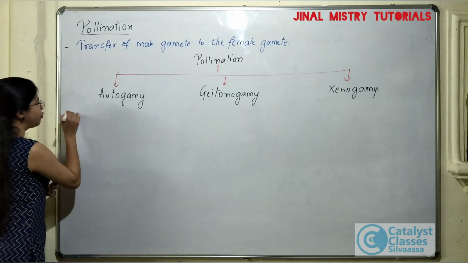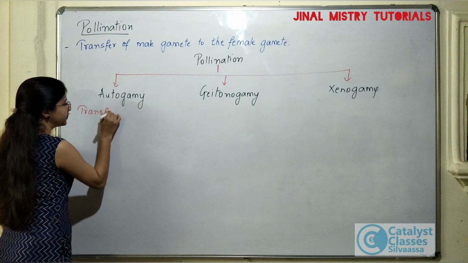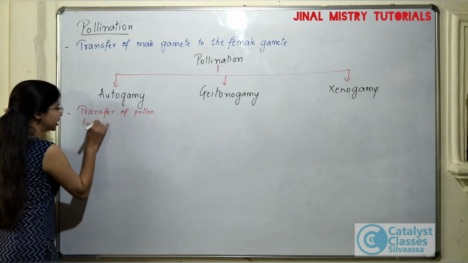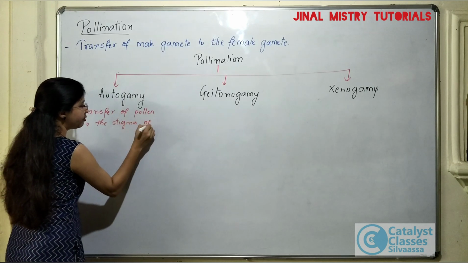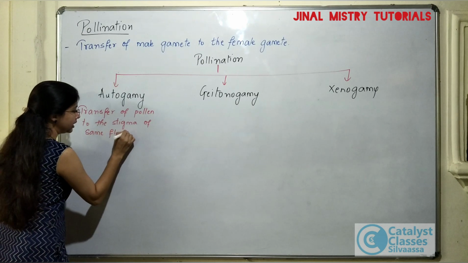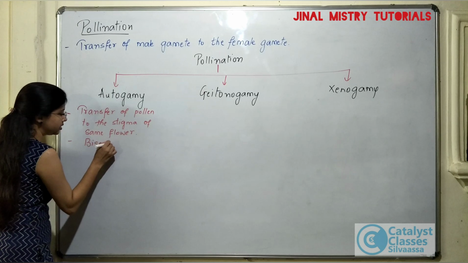Now, in case of autogamy, what happens is transfer of pollen to the stigma of the same flower. That means here the flowers will be bisexual.